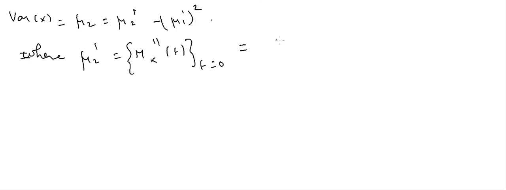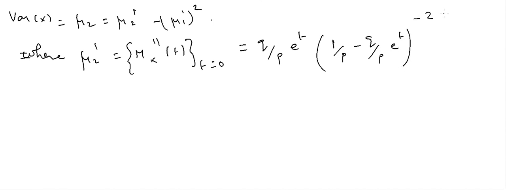By using this, we can find its next derivative: q by p into (1 by p minus q by p e power t) whole power minus 2. It's one more time derivative at t equal to 0. You understood this step, everybody? Now we can find its one more time derivative.